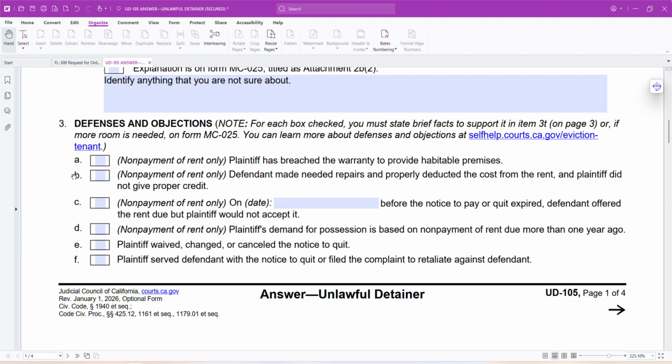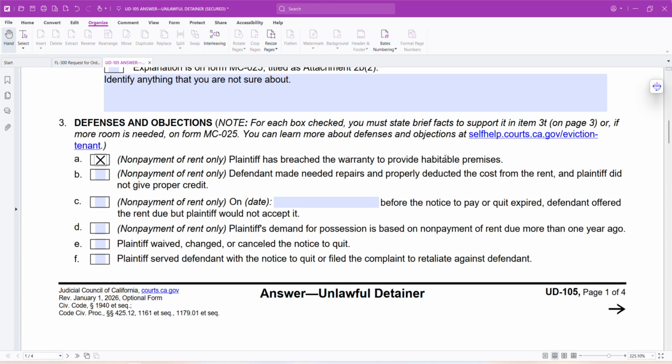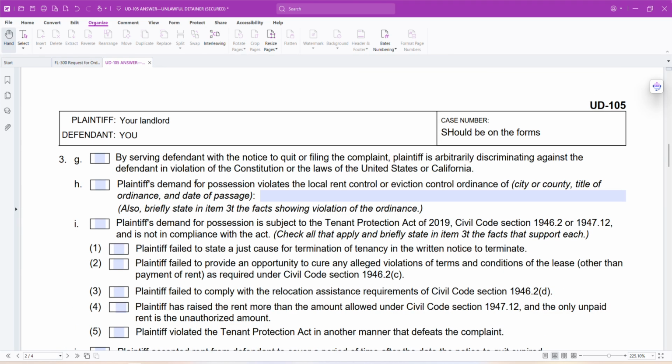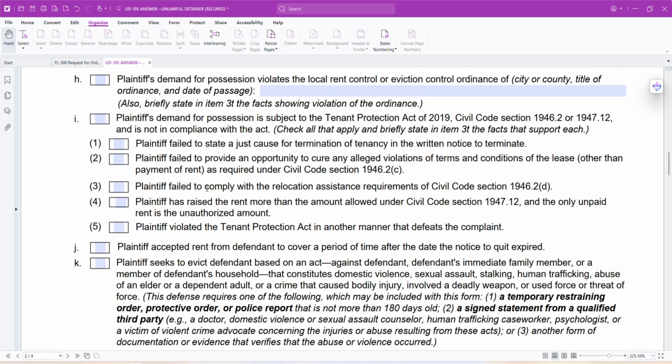So then you would mark the box that says the place was not habitable, and because of that, you did not pay rent. And you can just read through the list of all of these things to figure out which applies to you.